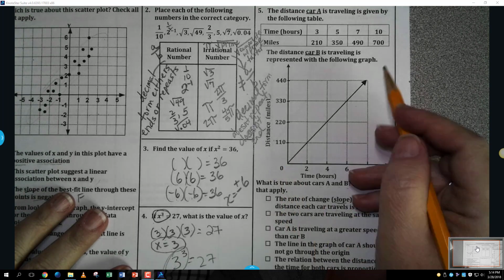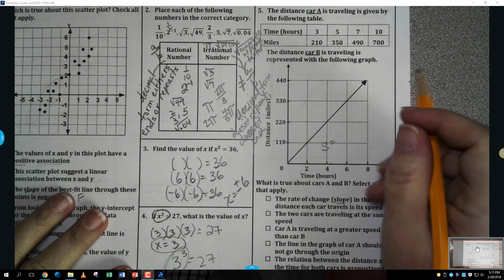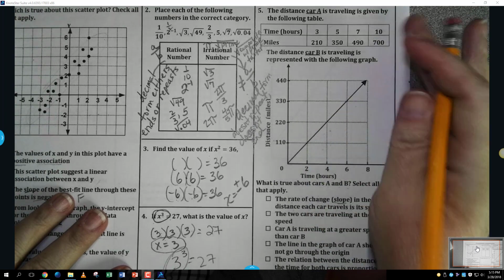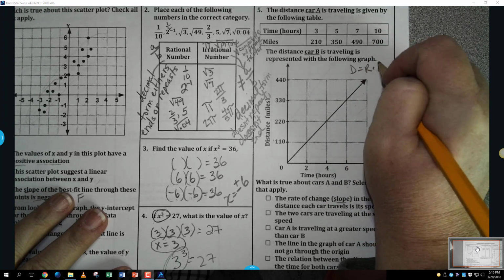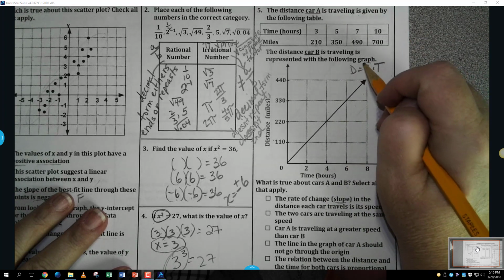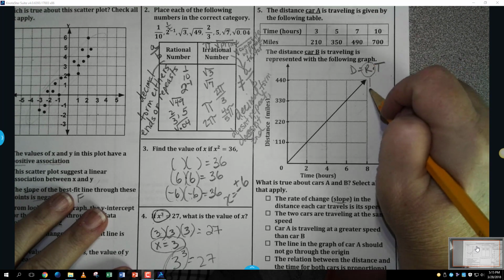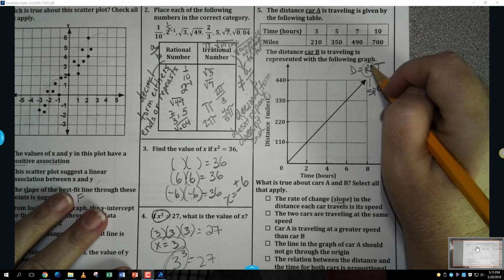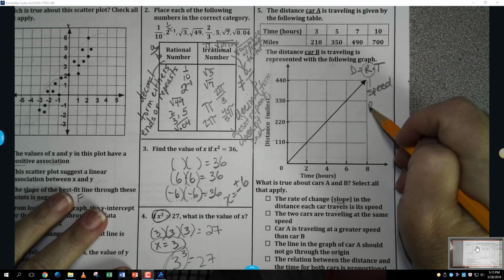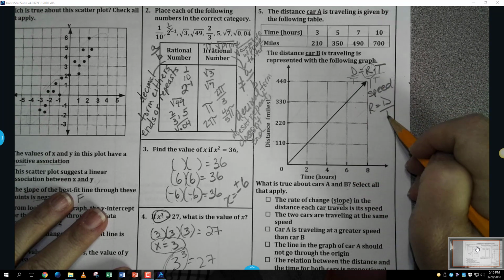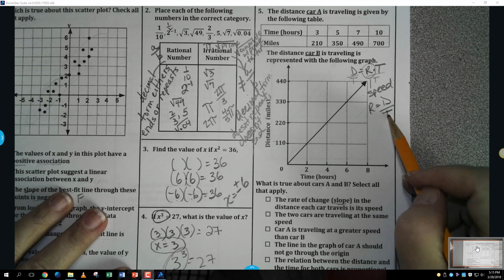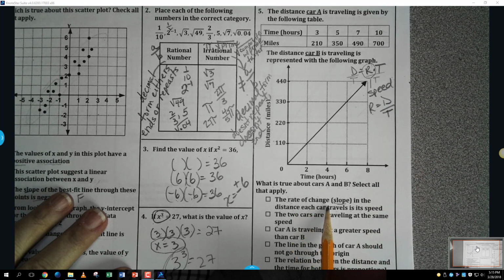Okay, so speed equals, well, rather, distance equals rate times time. And here the rate is known as the speed. If I solved for r, I have to divide by t on both sides, so r equals distance over time. So here the speed is distance over time. The rate of change, the slope, in the distance each car travels is its speed.